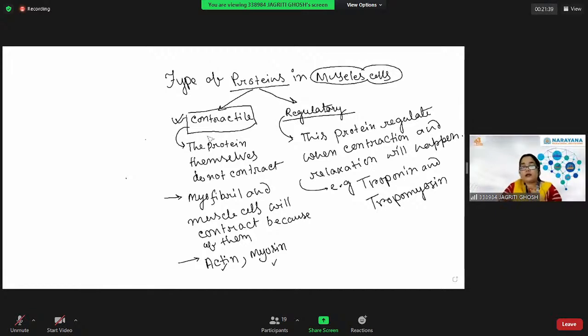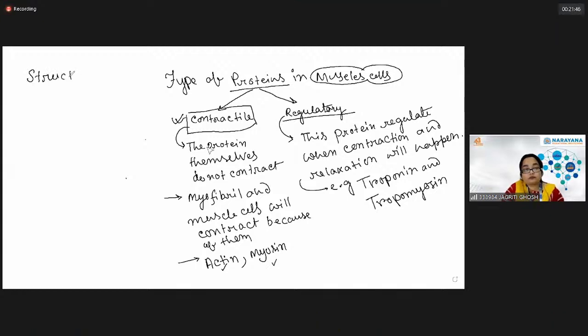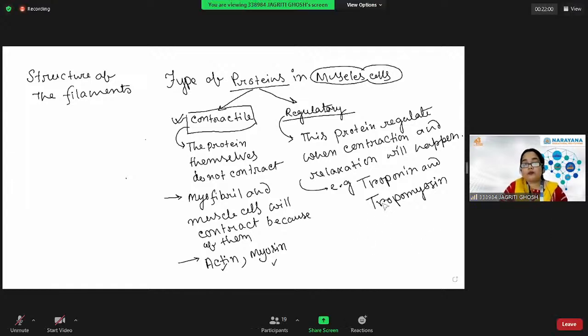So next I'm going to give a heading, structure of the filaments. What type of filaments are we having? We are having thick filament and thin filament.